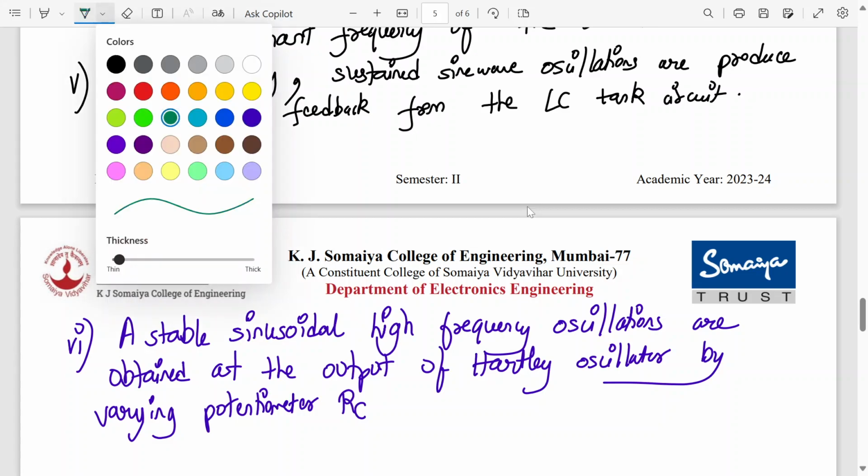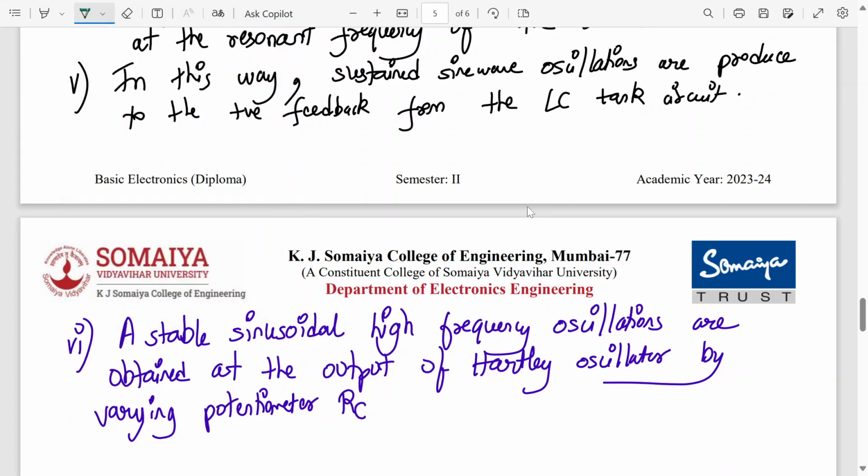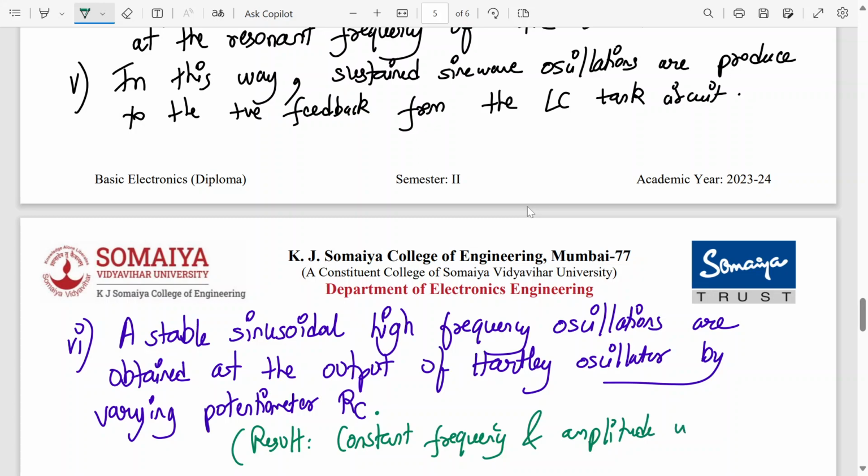Okay, so as a result we get a constant frequency and amplitude waveform. So this is the working of the LC oscillator.